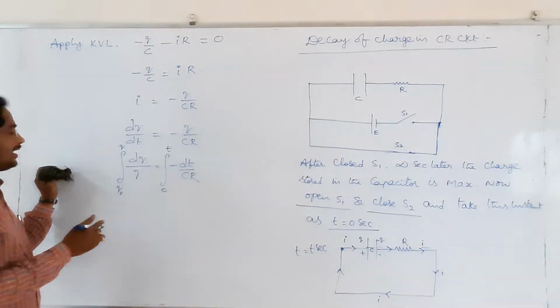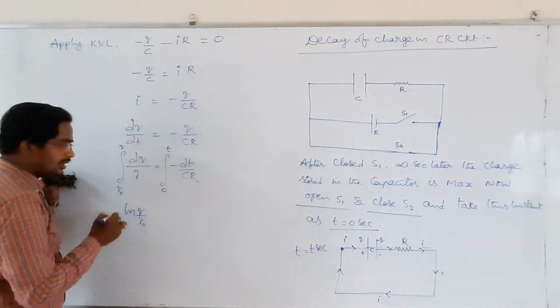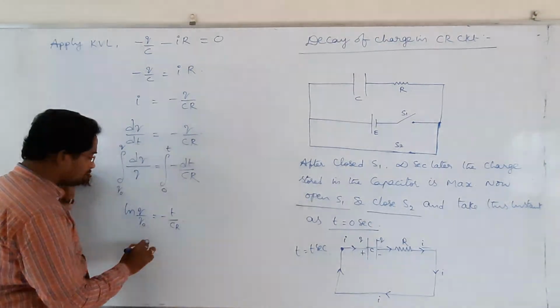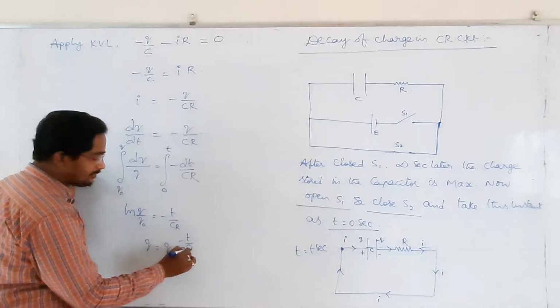Now if you integrate it, we get ln of Q by Q naught equal to minus t by CR. Then Q equals Q naught into e power minus t by CR.